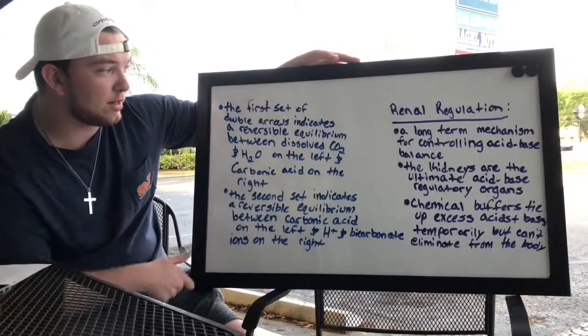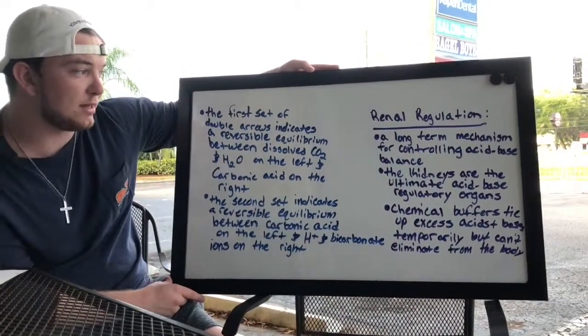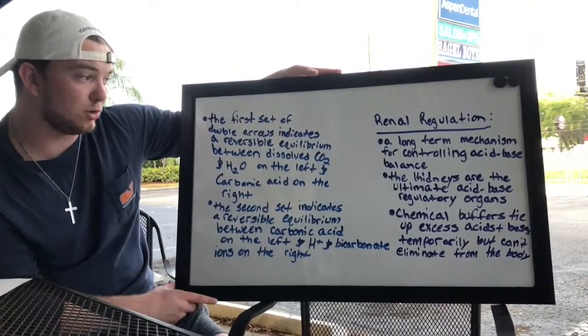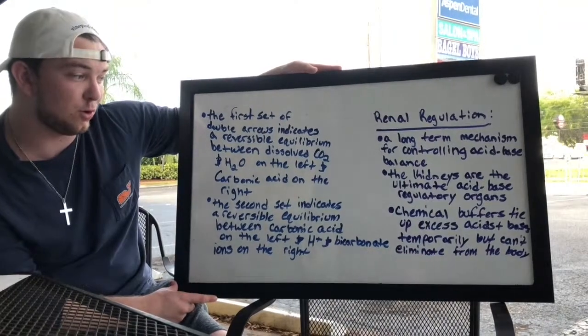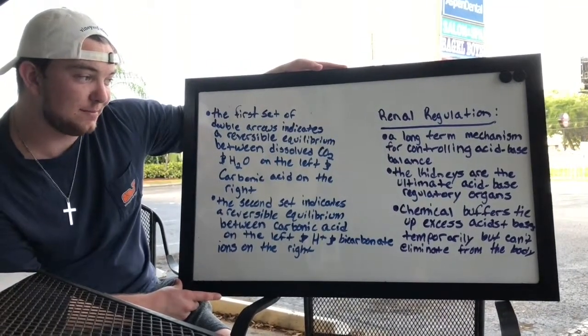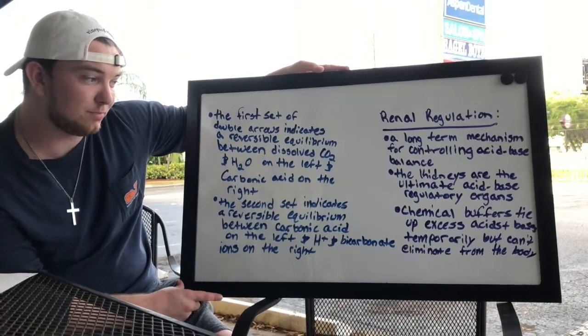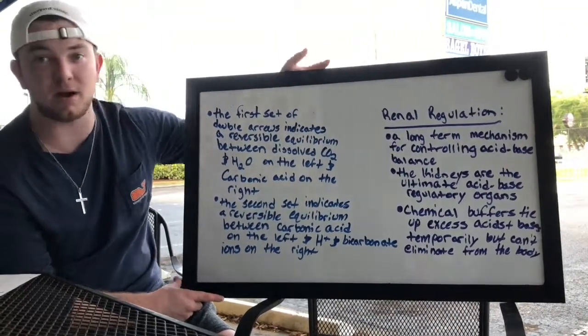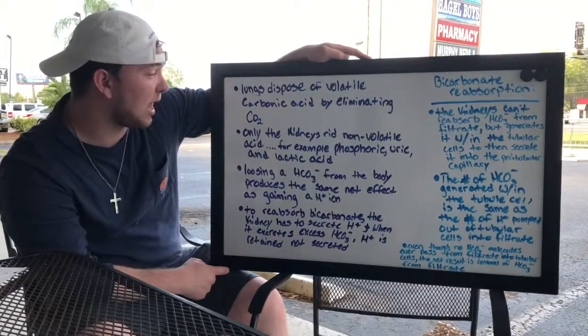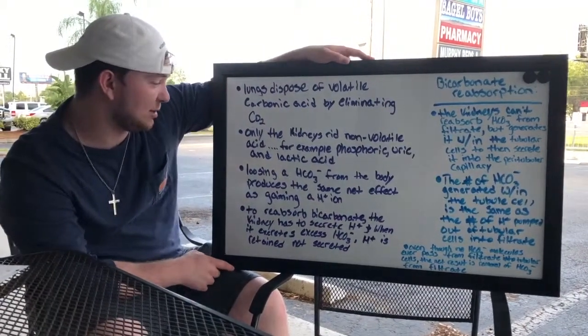Then we've got renal regulation, a long-term mechanism for controlling acid-base balance, and the kidneys are the ultimate acid-base regulatory organs. Chemical buffers tie up excess acids and bases temporarily but cannot eliminate them from the body. Lungs dispose of volatile carbonic acid by eliminating CO2.